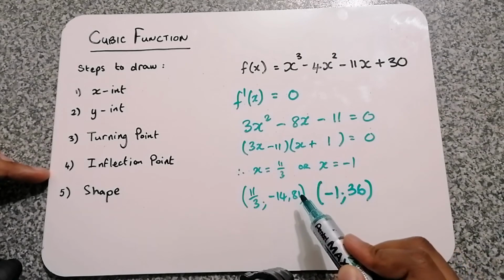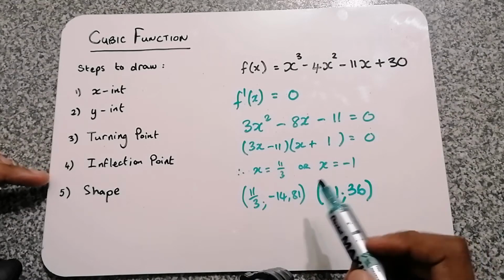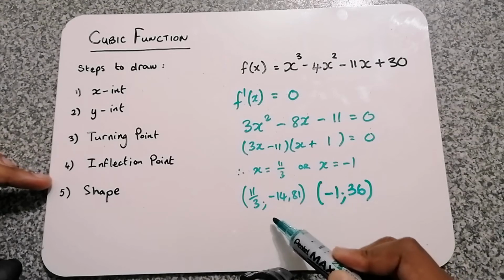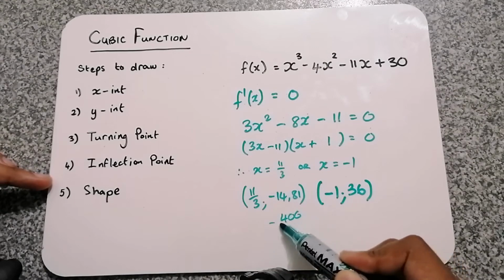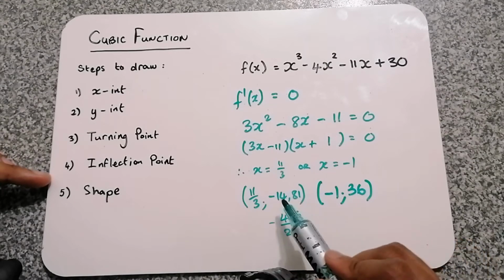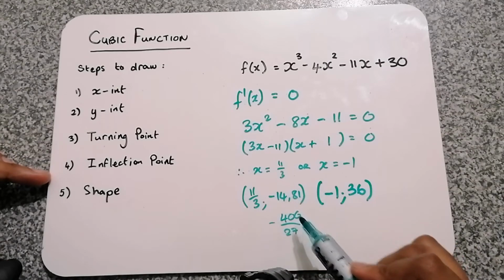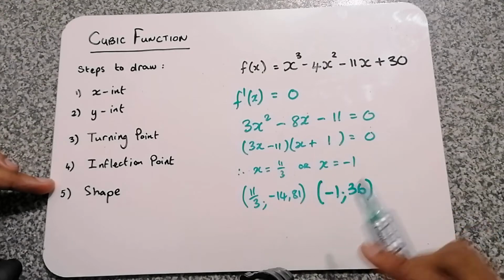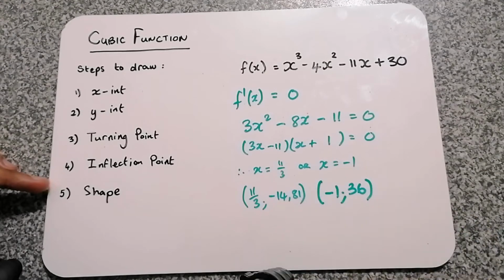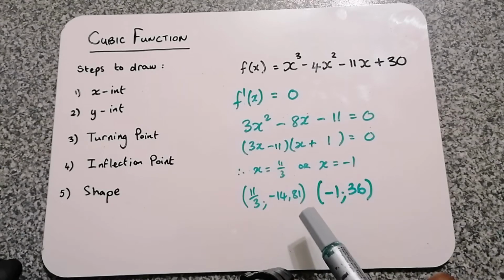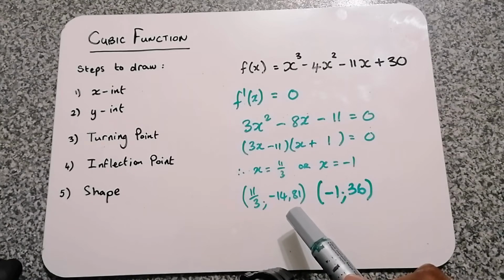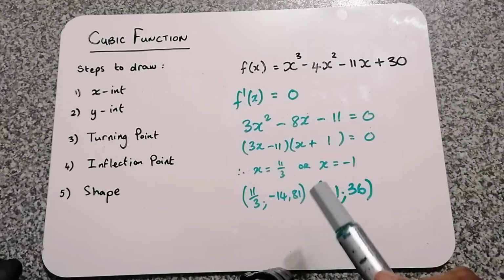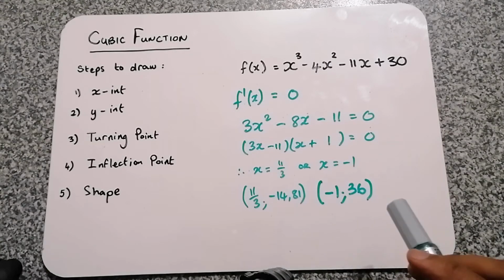Now, the fraction version of this is actually 400 over 27, but this is basically the answer written as a decimal. Okay, cool. And I guess it's more helpful because we'll know how to plot points better if it was a decimal rather than a fraction. Alright, so that's the turning point.